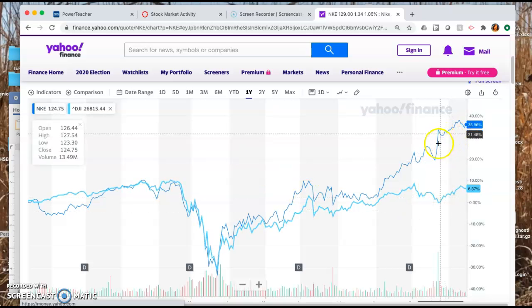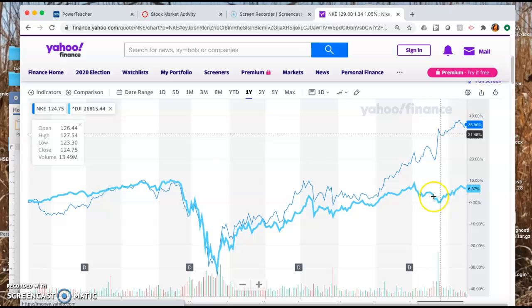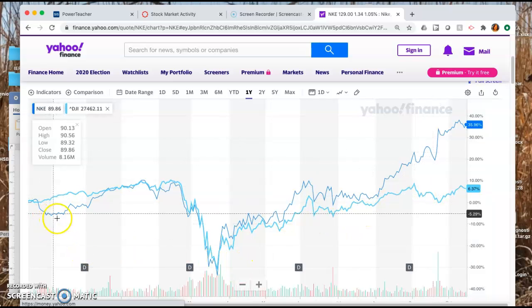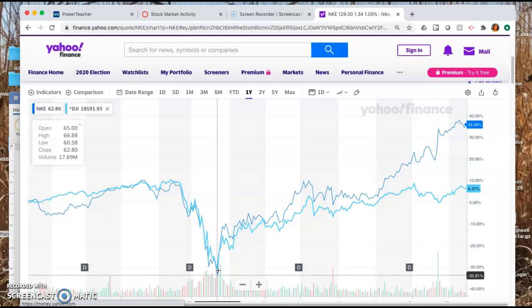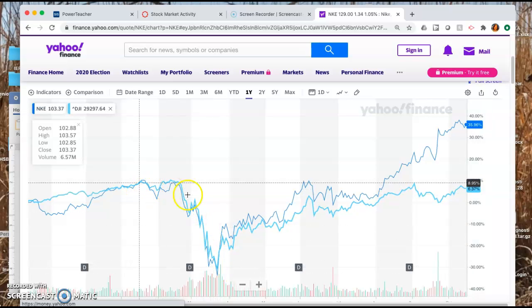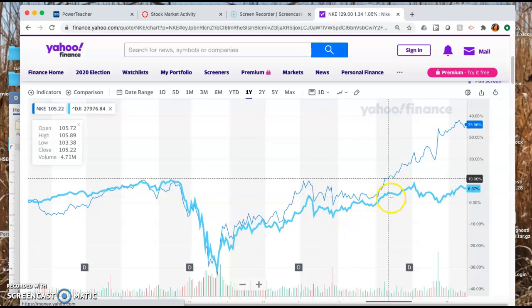So let's see. There was Nike in the dark blue, and there was the Dow Jones. If you look, you can see that yes, they followed right along and the whole stock market dipped and Nike was really, really close to what the average in the stock market was.